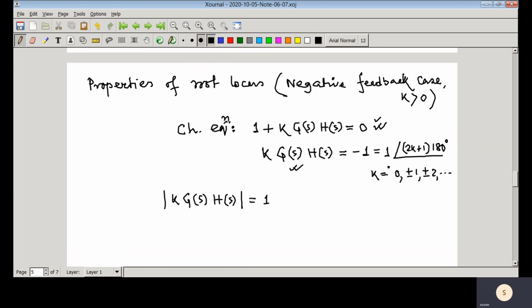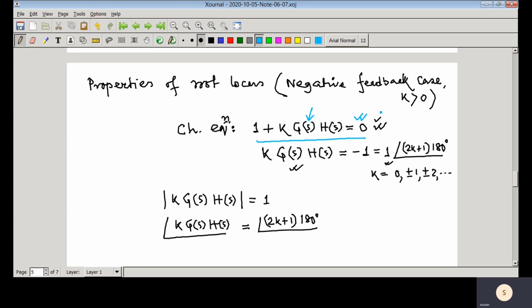And the other one is the angle condition: if you find the angle of G(s)H(s), this angle would be (2k plus 1) into 180 degrees. So whenever a characteristic equation is given, a particular value of s that satisfies it satisfies these two conditions, one the gain condition and the other the phase condition.